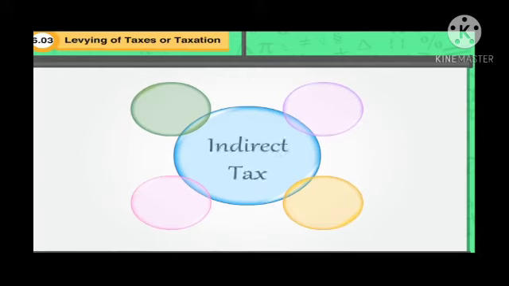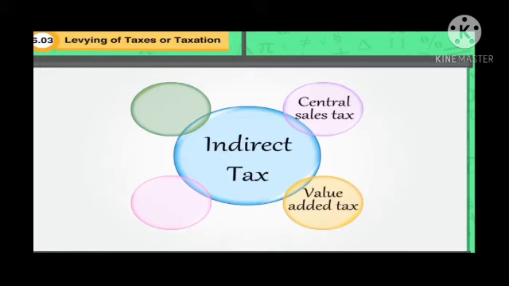Indirect taxes are not paid directly by the taxpayer. Example, central sales tax, value added tax, service tax, excise duty. These taxes are the existing tax structure.